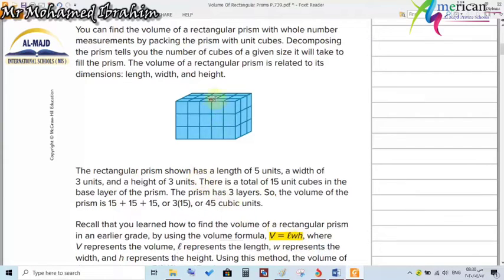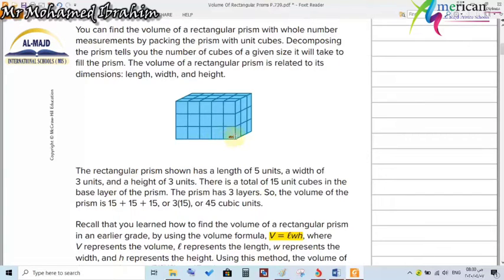But if he asked you to find the volume with this shape, you can use the rule also, but counting only the units. For example, let's say that this is the length. So the length here, how many units? 1, 2, 3, 4, 5.